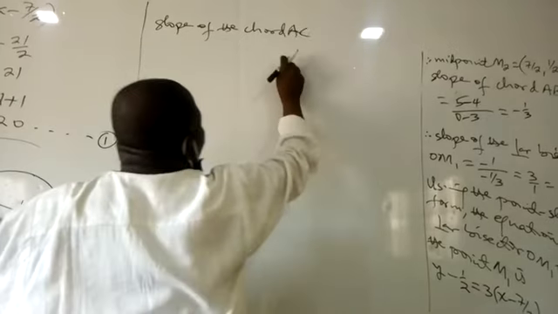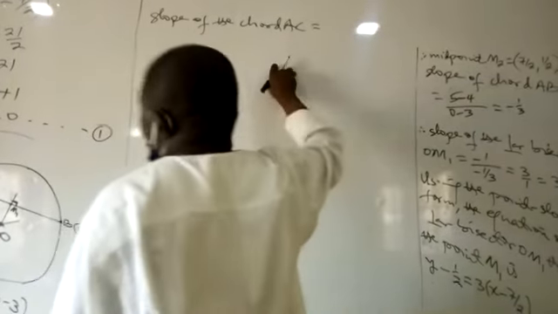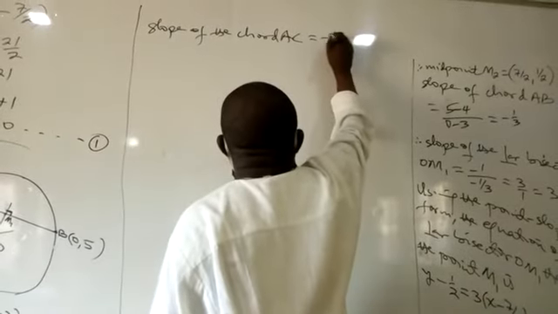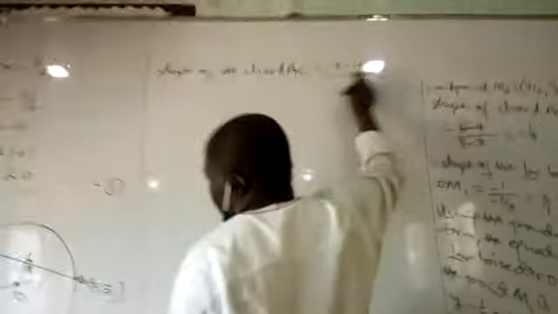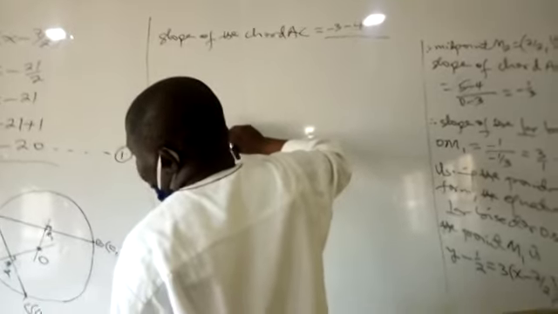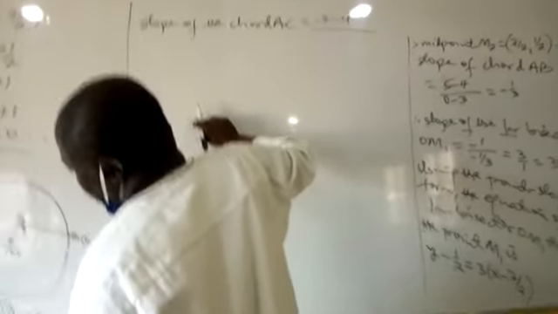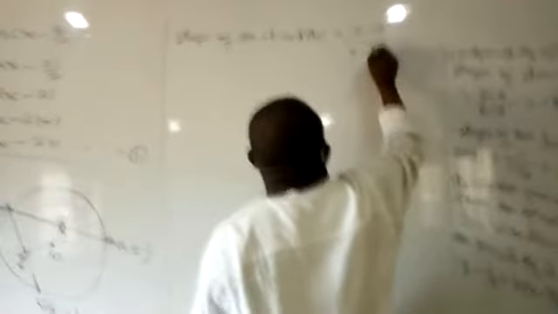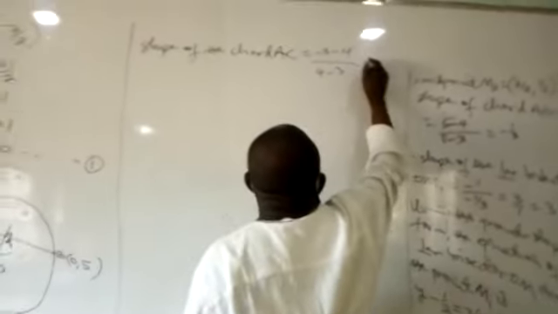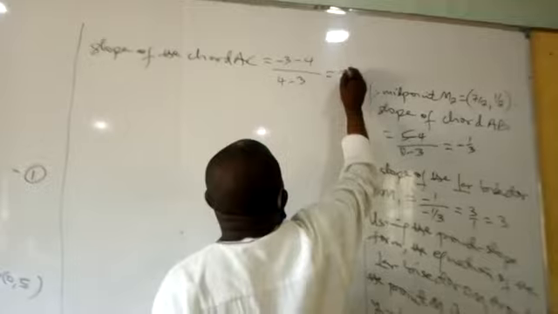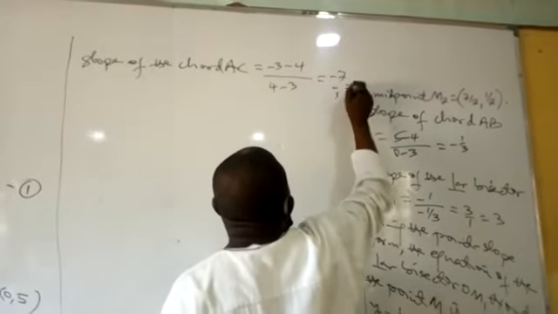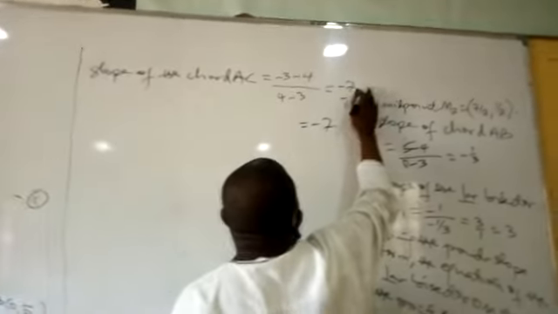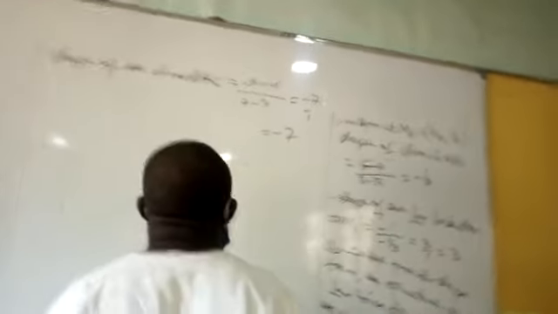Slope of the chord AC is equal to minus 3 minus 4 over 4 minus 3. So that will be equals to minus 7 over 1, which is minus 7.